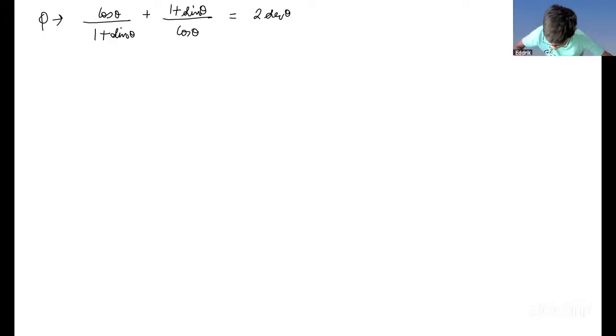You guys do it. Now I will not do this question. It's given as 2 sec theta, not 2 cosec theta, so the cos theta and sin theta are replaced. In that previous question, sine theta was in the numerator and 1 plus cos theta was there. So I just replaced it. Try to solve it. Did you understand?